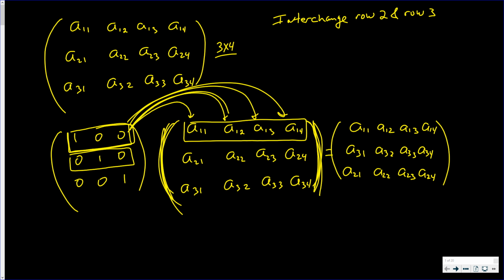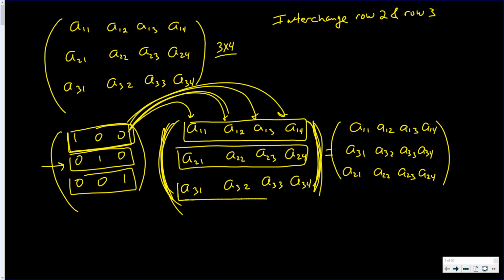And since this is in row 2, I'm going to put row 2 in the second position. When I dot this with the matrix to the left, I'm going to get the third row. And since this was the third row, I'm going to put the third row here. But wait a minute, I don't want the third row there.